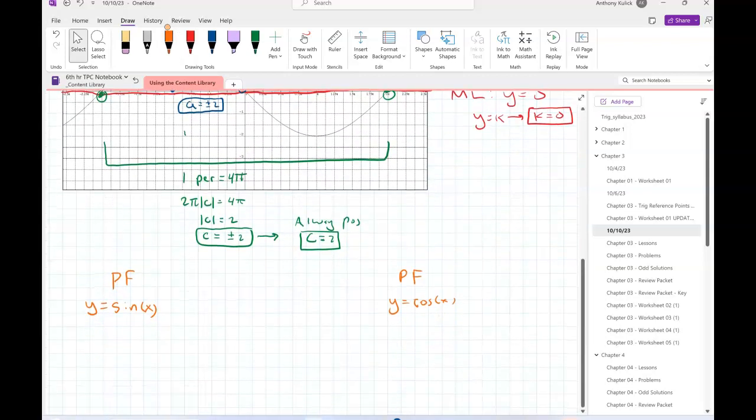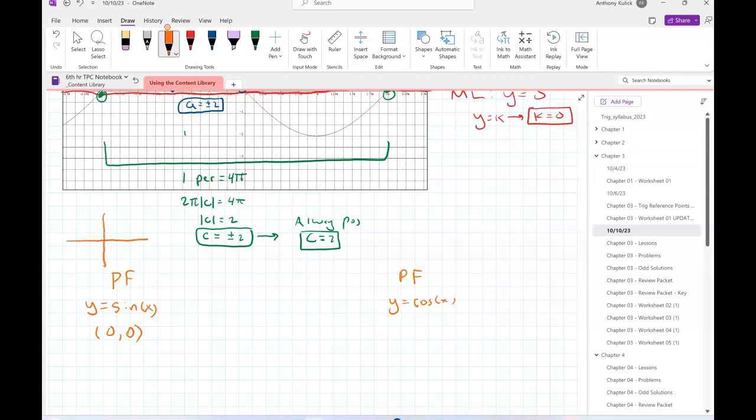Now, what I'm going to do is choose a point from the parent function of sine and find a corresponding point to that on my graph. So when I'm going to do sine, the point that I'm always going to use is going to be 0, 0. And if I remember what the graph for regular old sine looks like, it looks like this.